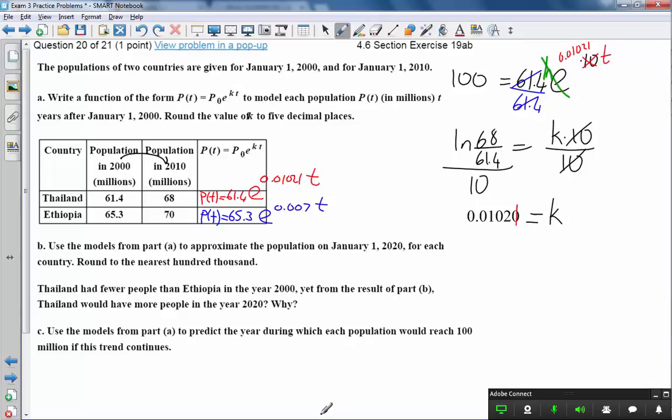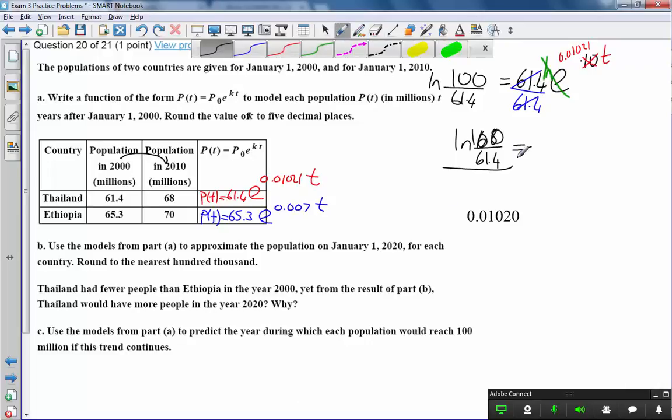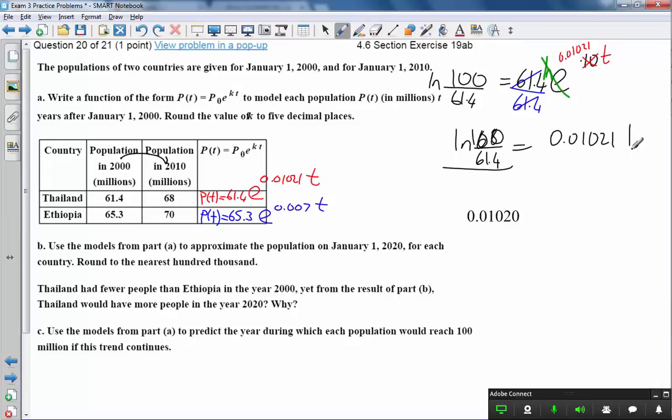We first divide each side by 61.4 like we did here, and take ln of both sides, ln cancels, and then ln of 100 over 61.4 is k times t, 0.01021 t.